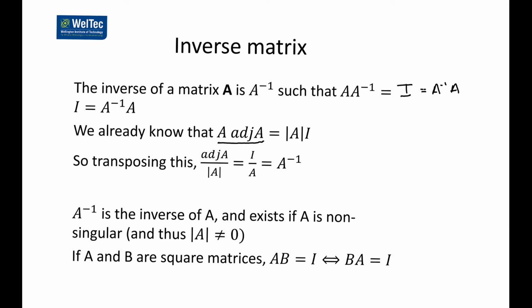So flipping this around a bit, we get that the inverse is the adjoint over the determinant. So now what we've got down at the foot of the page is if A and B are both square matrices and AB is equal to the identity, then BA is equal to the identity as well.